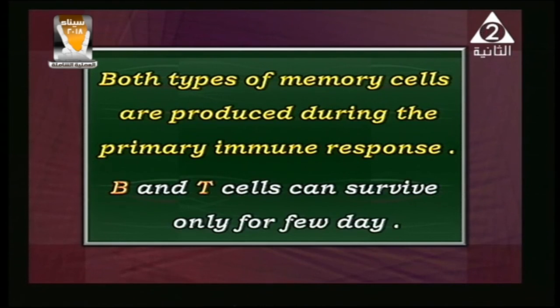And after that, the B and T cells can survive for a few days. Remember that. We have some cells that can survive for a long time, like what? Like memory cells. As we said, they can remain more than 20 to 30 years inside your body, and sometimes they may remain till death, continuing like your life.